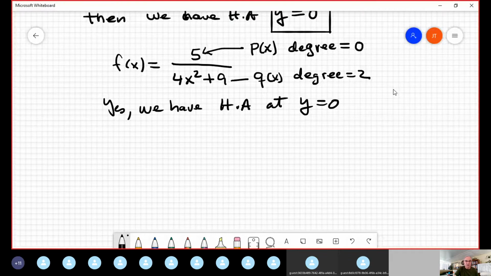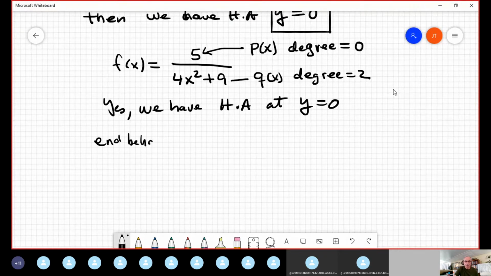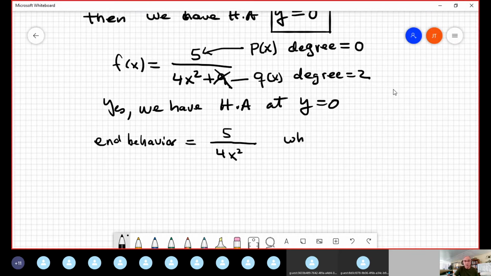Okay. This is the end behavior. Look at that. The end behavior of 5 is 5, because 5 is a constant. 5 stays the same. But the 9 is negligible next to 4x squared. What happens when x approaches infinity, positive or negative? Let me put positive.